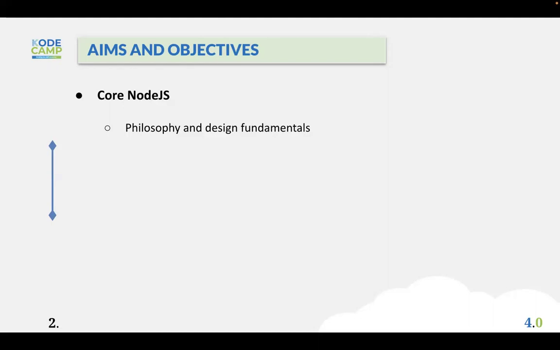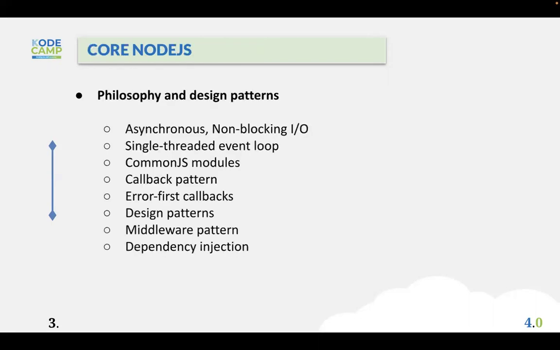Under the philosophy and design fundamentals of NodeJs, we have asynchronous non-blocking I/O, single-threaded event loop, the CommonJS modules, the callback pattern, error-first callbacks, design patterns, middleware pattern, and last but not the least, dependency injection.